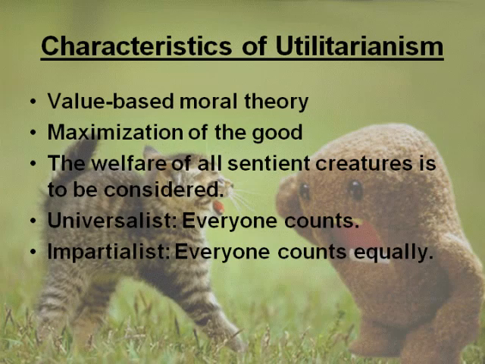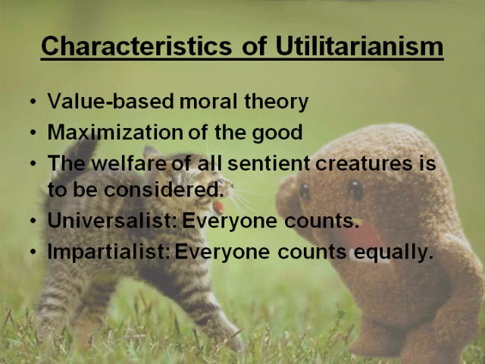So let's start talking about some of the general characteristics of utilitarianism. Utilitarianism is a value-based moral theory. That means that the principle of the good, or the theory of the good, is going to be more dominant or more important than the theory of the right. In fact, the theory of the right is going to be intensely and intricately related to the theory of the good.